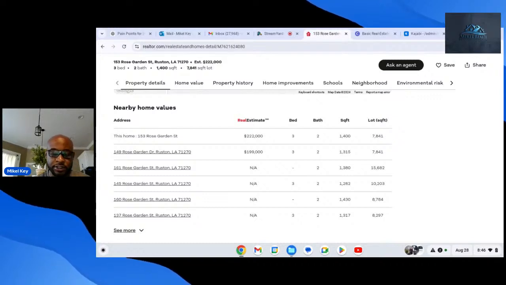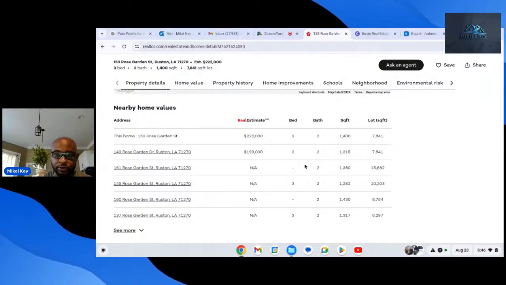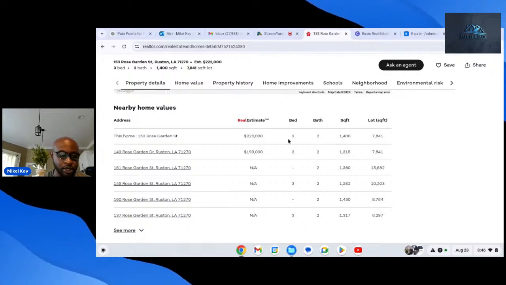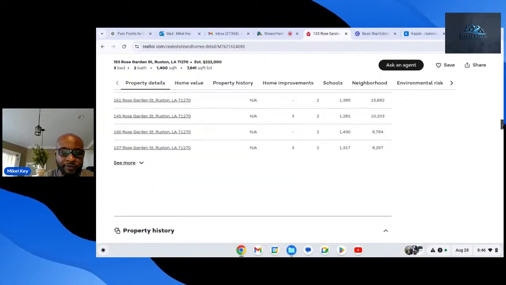I want you to understand how I came up with that: I took $199,000 and divided it by the square footage number, and that spit out $151 a foot. So if this was your area where you were trying to calculate ARV, you would take that $151 a foot and multiply it by however many square feet you have. Whatever value that gives you would be very close to your after repair value.